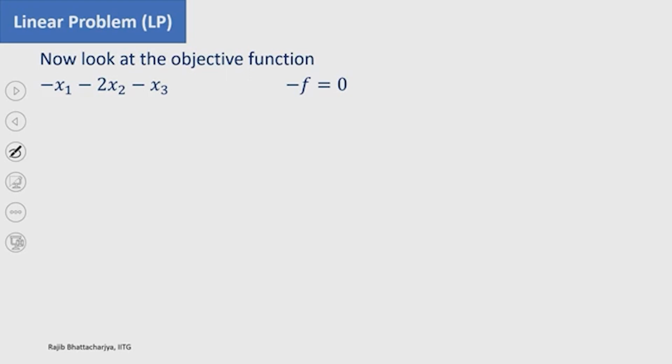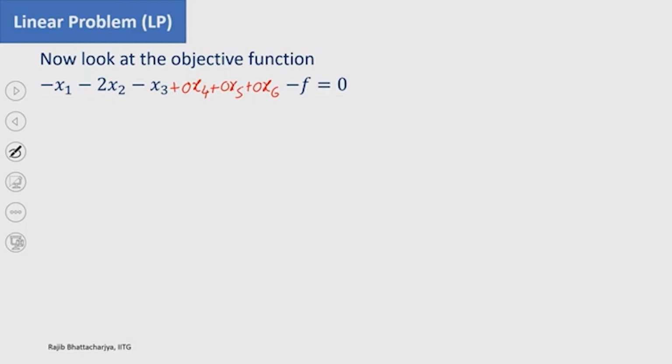Okay. Now, we have here 0 x4 plus 0 x5 plus 0 x6. So, these are basic variables. Now, what I basically want to do is make one of x1, x2 and x3 a basic variable, and then one of x4, x5 and x6 will be a non-basic variable.